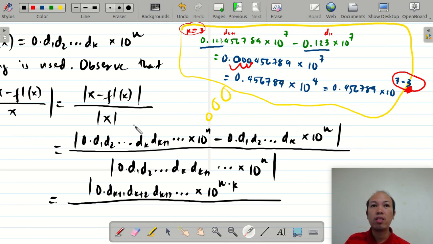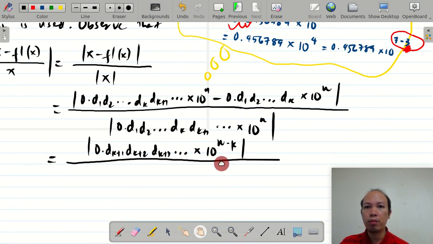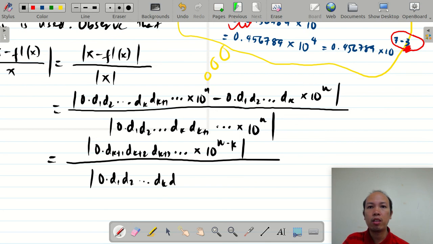So the answer for the numerator is in this form, and of course copy the denominator, d sub 1, d sub 2 up to d sub k, d sub k plus 1 times 10 to the n.